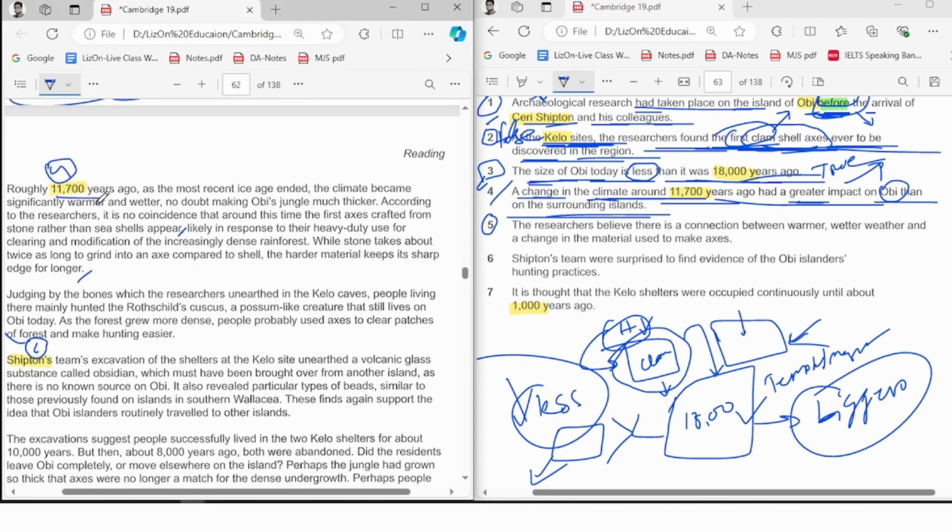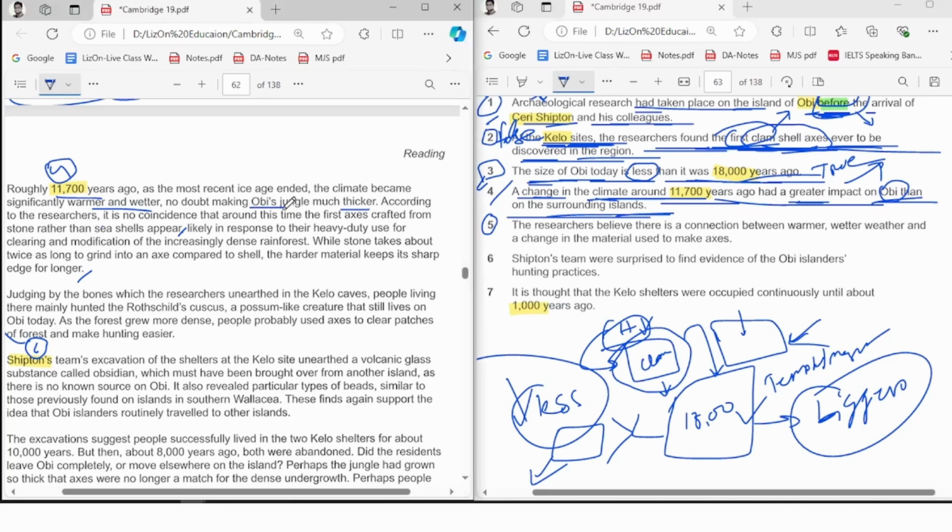So let's read it. Roughly 11,700 years ago, as the most recent ice age ended, the climate became significantly warmer and wetter, right? No doubt making 𝗺𝗶's jungle much thicker. Here they are talking about 𝗺𝗶. They are not bringing in other islands, because we are looking for the comparison between 𝗺𝗶 and other islands.